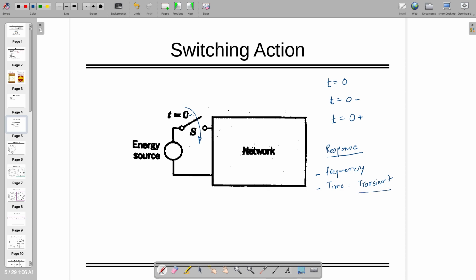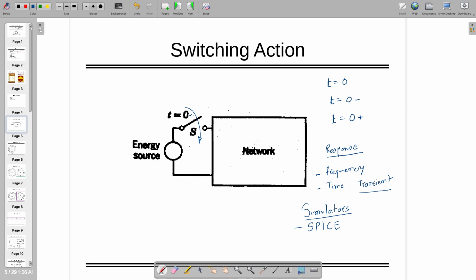All the simulators, I'm talking about SPICE or other SPICE-based simulators, call it transient response or transient analysis, under which you do the time analysis. They don't call it time response, but it's transient, but both are the same.